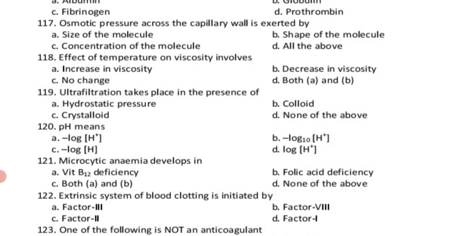The ultrafiltration takes place in the presence of the hydrostatic pressure. It occurs in the glomerulus. Question number 120. pH means the negative logarithm of H plus ions. Option B is the correct answer.